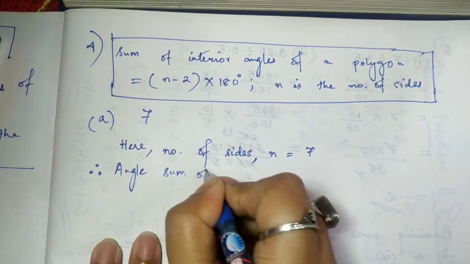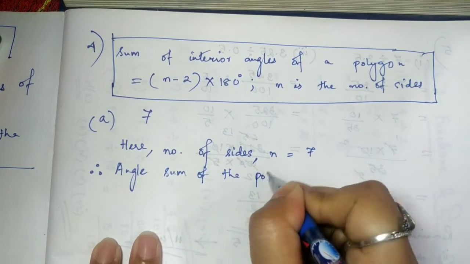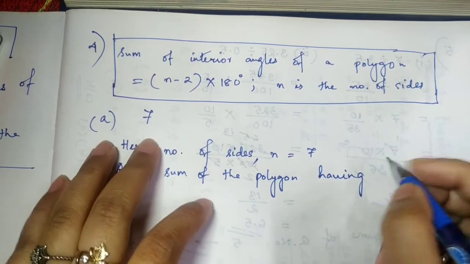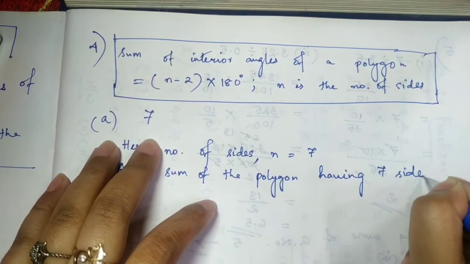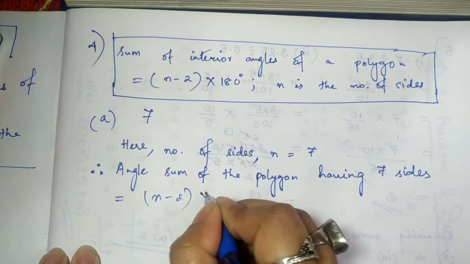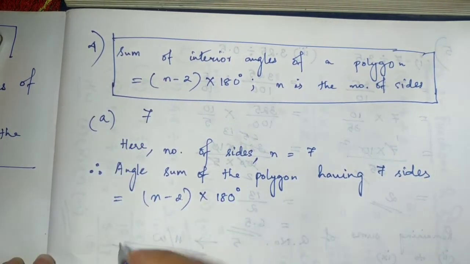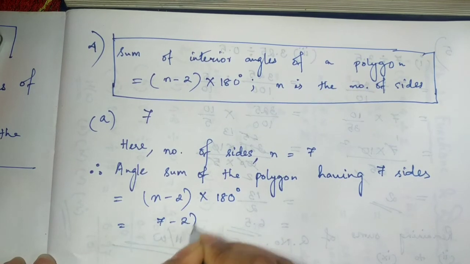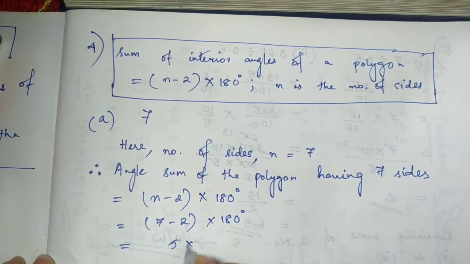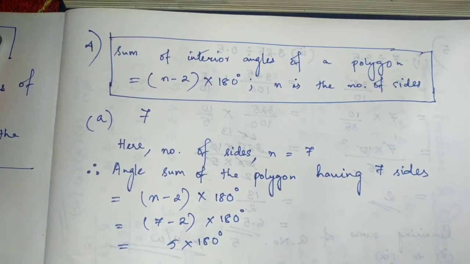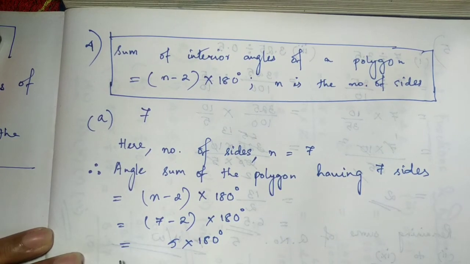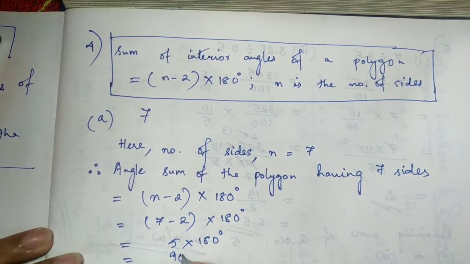Angle sum of the polygon having 7 sides is equal to how much? (n minus 2) into 180 degrees. This is the formula that I am using. n is 7, so 7 minus 2 into 180 degrees. 7 minus 2 is 5, so 5 into 180 degrees, which is equal to 900 degrees.